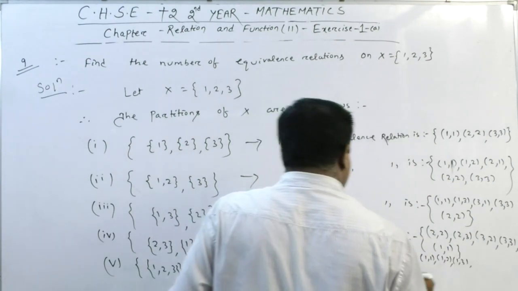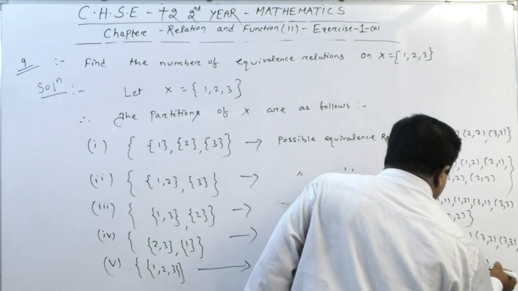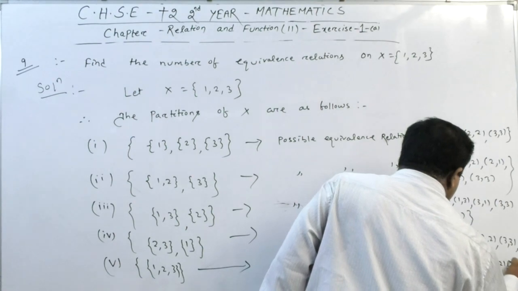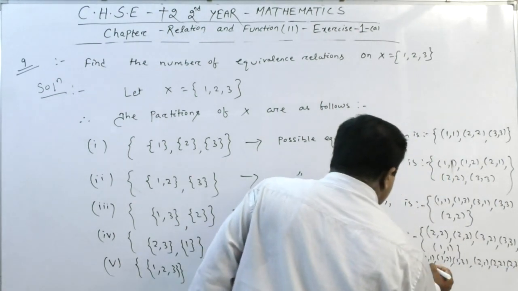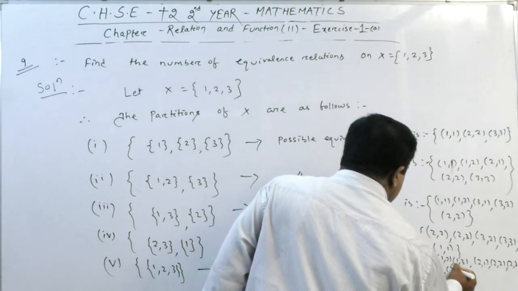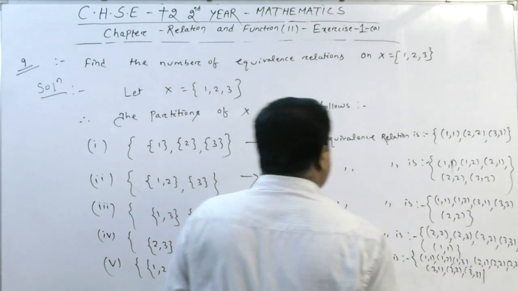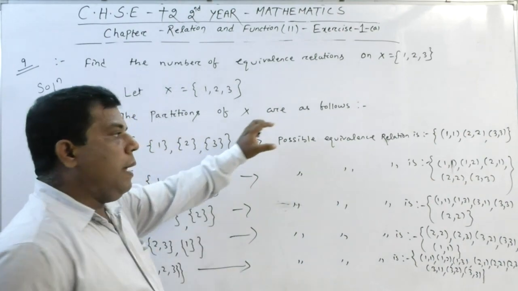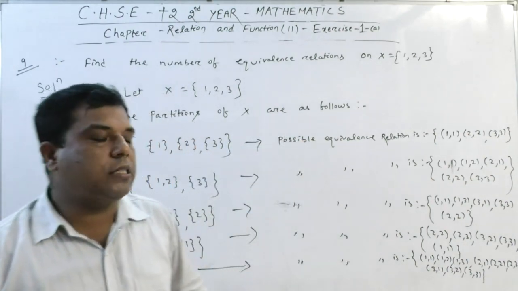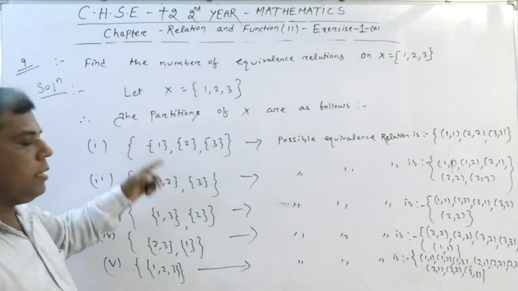Okay, next (2,1), (2,2), (2,3), then (3,1), (3,2) and (3,3). Okay. So in this way we are able to get 5 equivalence relations from the partitions.